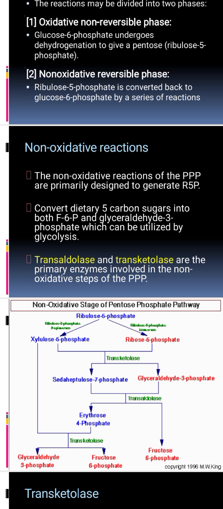The main enzymes in the non-oxidative reactions are called transaldolase and transketolase. They are the primary enzymes involved in the non-oxidative steps of the pentose phosphate pathway.